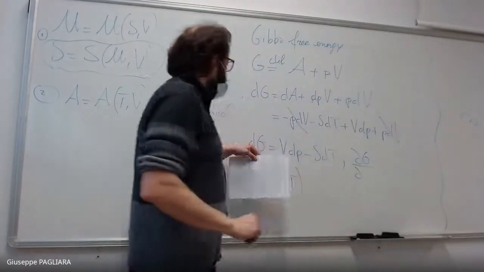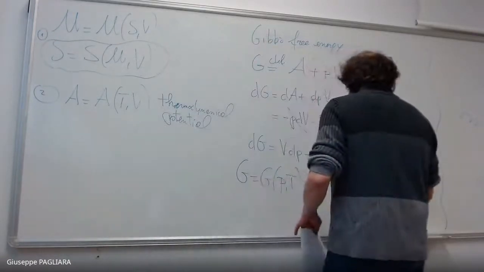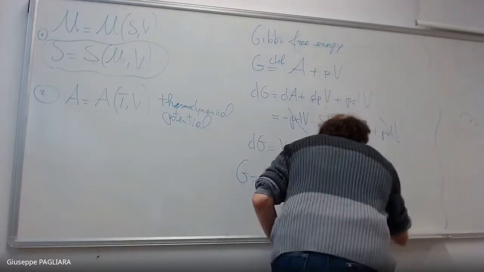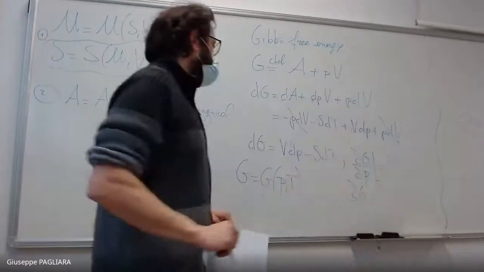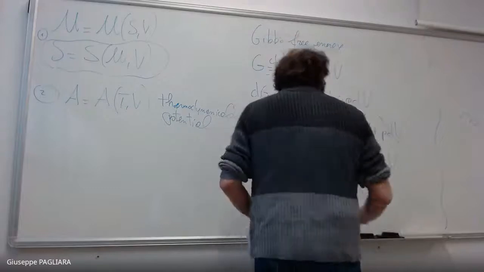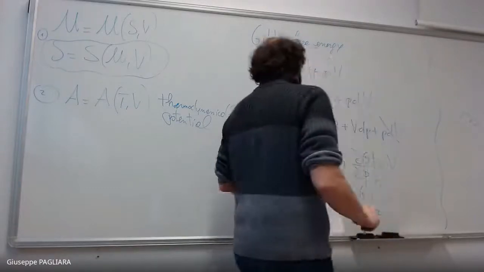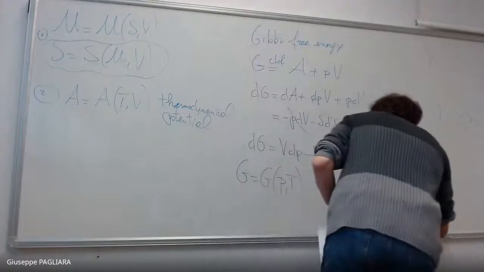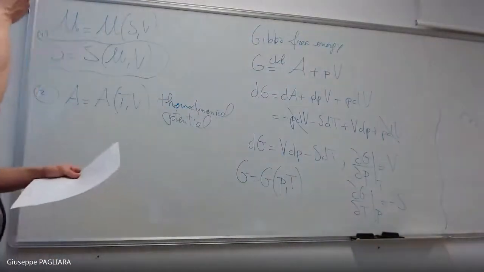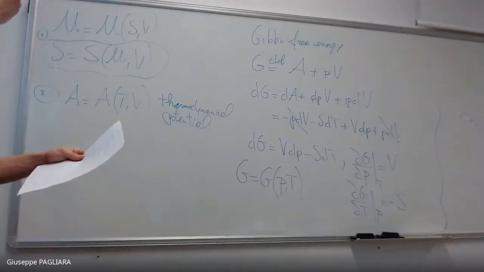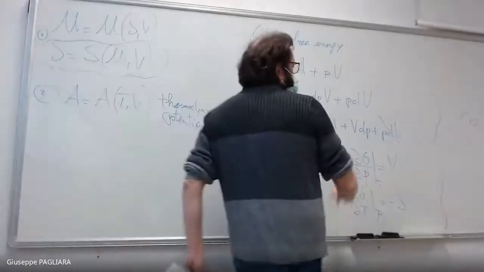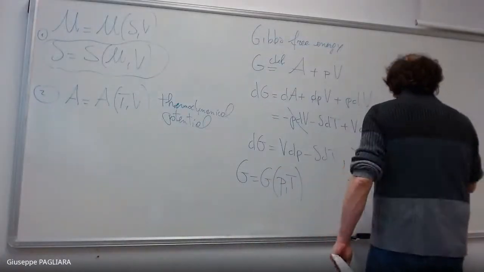The derivative of G with respect to pressure at fixed temperature is the volume, and the derivative of G with respect to temperature at fixed pressure is minus entropy. Okay, let me check if this is correct. dG/dP at fixed T is equal to V, dG/dT at fixed P is equal to minus S. Okay, those are two other examples of Maxwell relations.